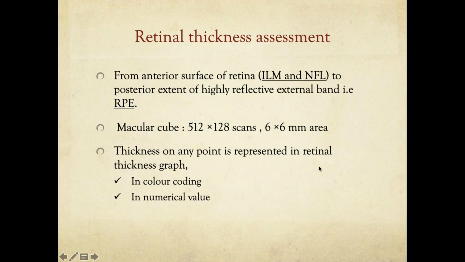So retinal thickness assessment: usually when you take a retina, it measures the thickness of the retina from the retinal pigment epithelium to, normally, the internal limiting membrane. Out of all the scans, it creates a volume, like a 3-dimensional structure.